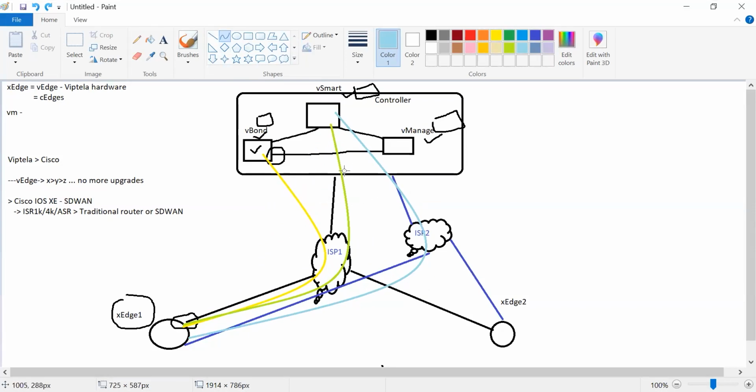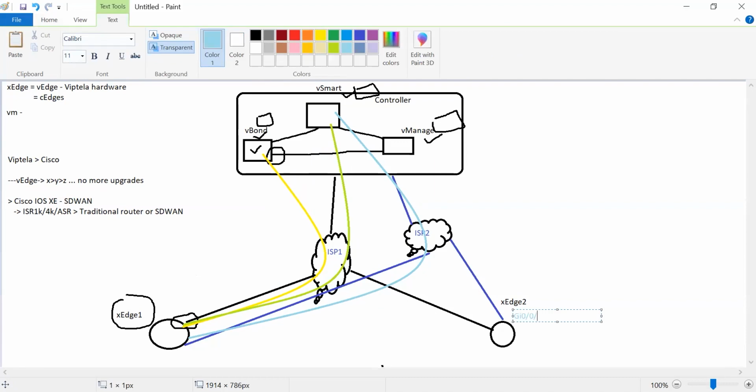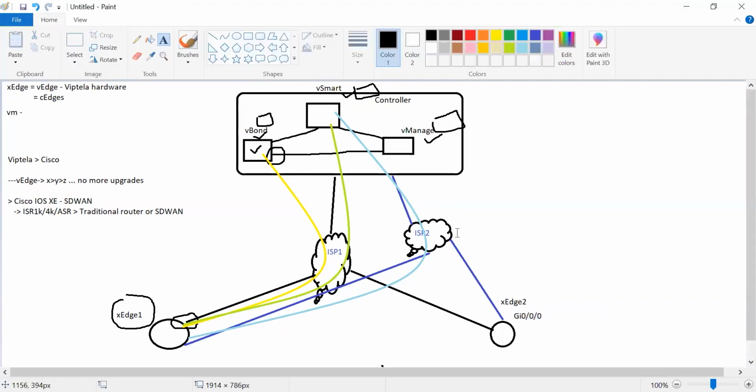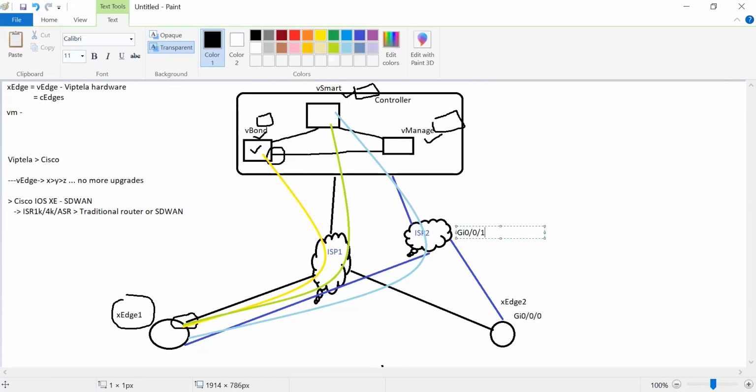So these are the virtual tunnels. In colors you see these are all overlay or virtual tunnels. The black solid line and the blue solid lines are the physical underlay path. If anybody is not clear or has any doubt, this would be a GigabitEthernet 0/0/0 interface, for example. When I say physical, here also it would be some sort of interface.